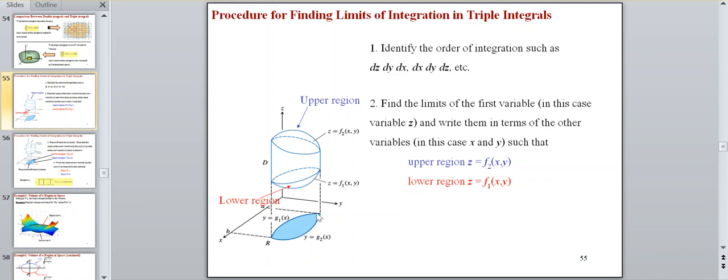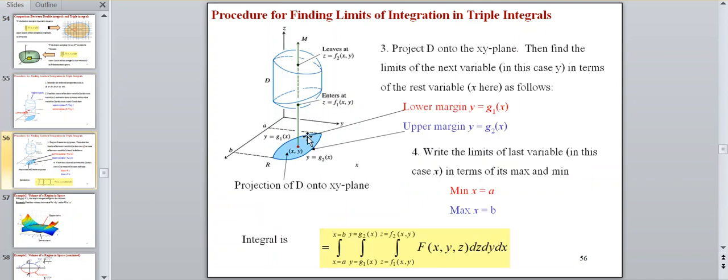Now you can describe this region in two-dimensional space in the form of case 1 or case 2. Do you remember from double integrals? Now, to describe the image of region D onto the xy plane, to find the limits for y and x, you can see it.